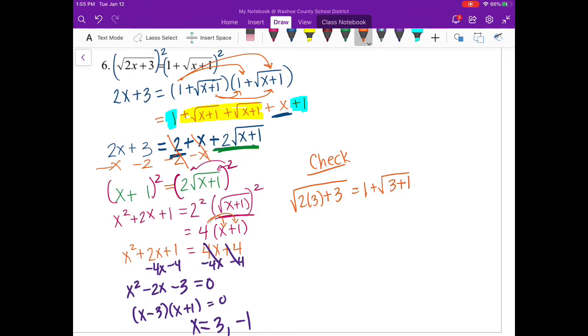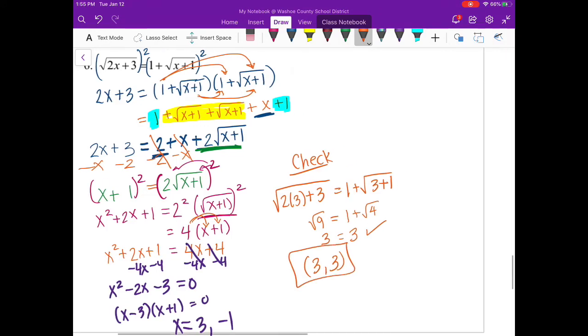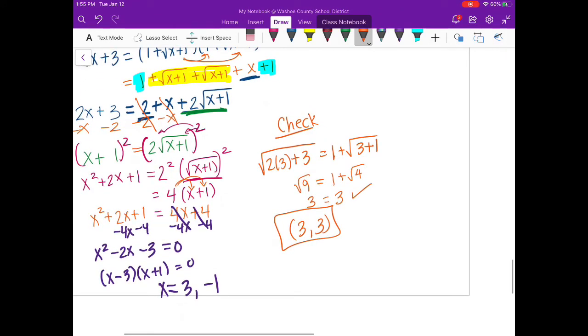And on the left radical, I get 6 plus 3 on the inside, that's 9. Over here, I get 1 plus square root of 4. So square root of 9 is 3. Square root of 4 is 2. 2 plus the 1 is 3. So this works. 3 is one of the points of intersection.